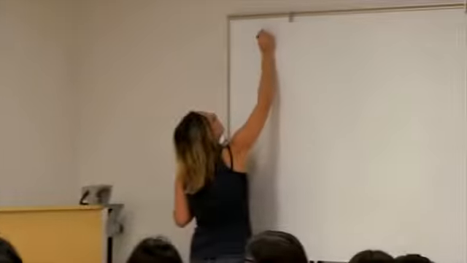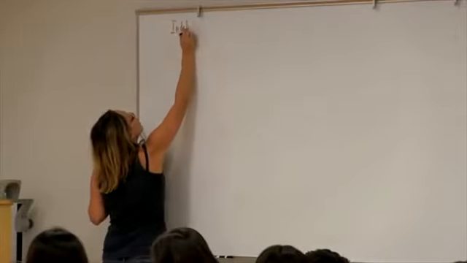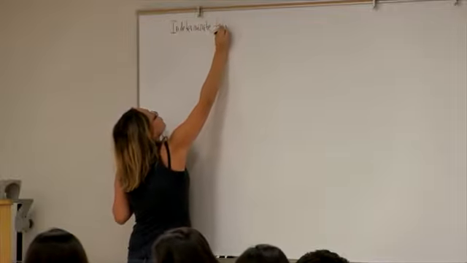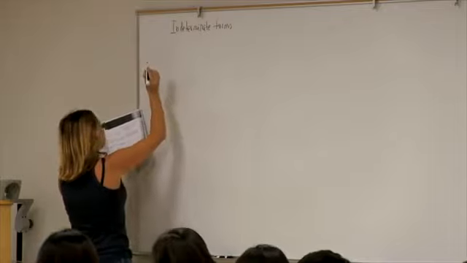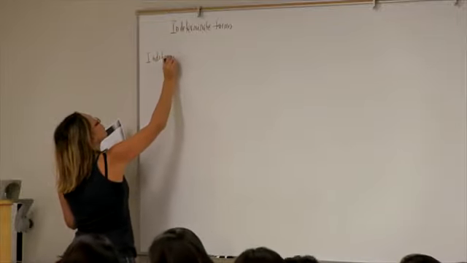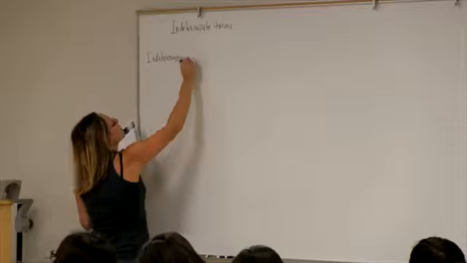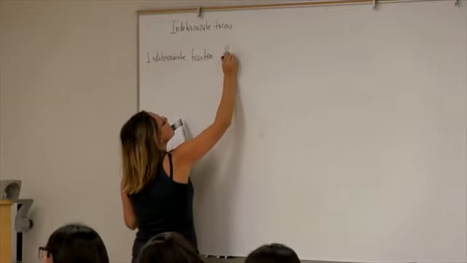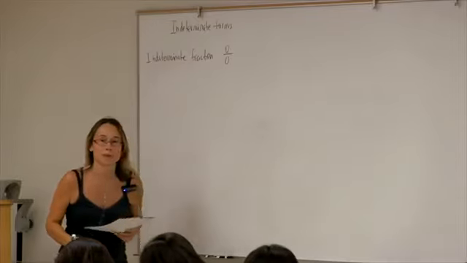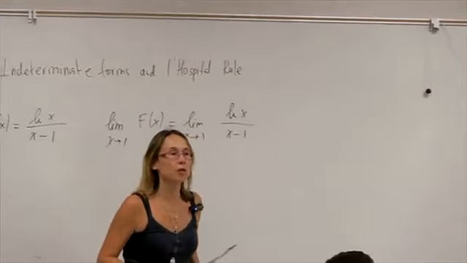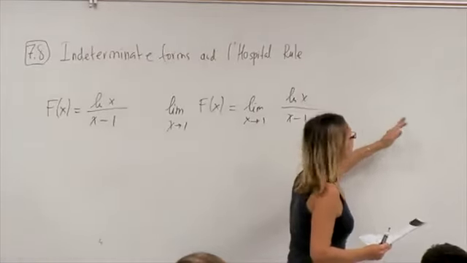Indeterminate forms. So this is an indeterminate fraction of type 0 over 0. When x goes to 1, the numerator goes to 0, and the denominator goes to 0, and it's not clear what the resulting limit is going to be.